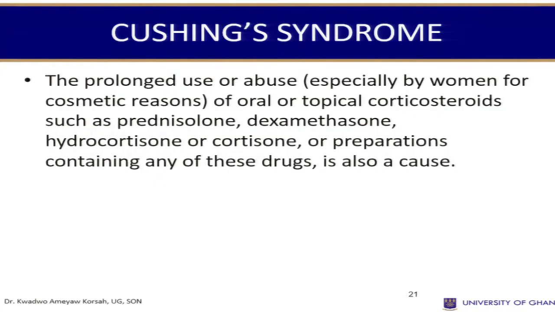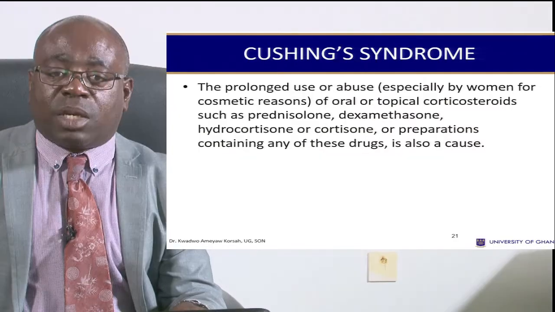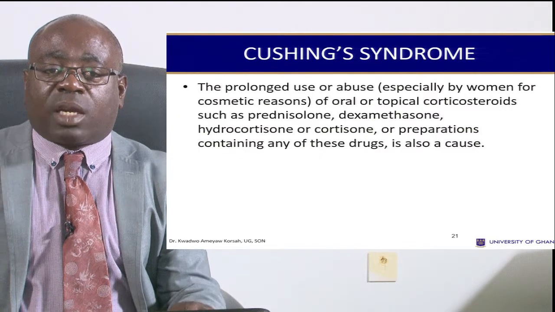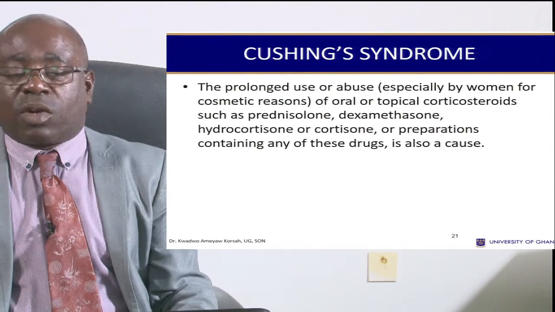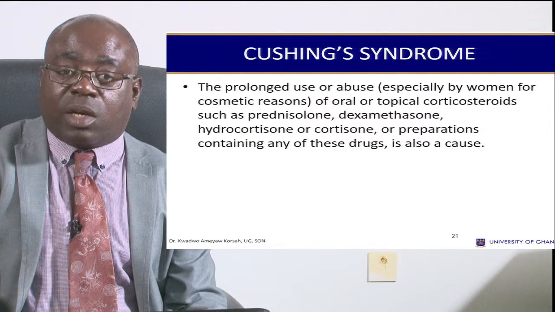Prolonged use or abuse, especially by women, for other reasons such as cosmetic reasons, of oral or topical corticosteroids such as prednisolone, dexamethasone, hydrocortisone, or cortisone, or preparations containing any of these drugs, is also a major cause. Especially our women may say that they want to put on weight, and so they take prednisolone and other things. When one continues to take some of these drugs, you are increasing the cortisol level in circulation.